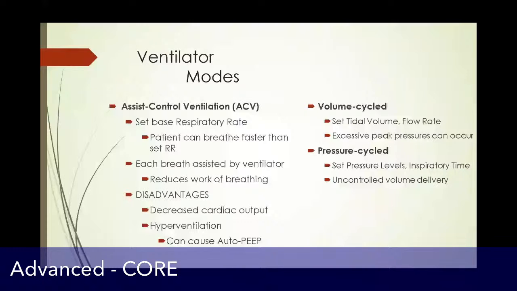So this reduces their work of breathing if it seems like they're wearing out. But if they are not initiating breaths, this will also deliver breaths at a certain rate. It won't go below the set rate of breaths.